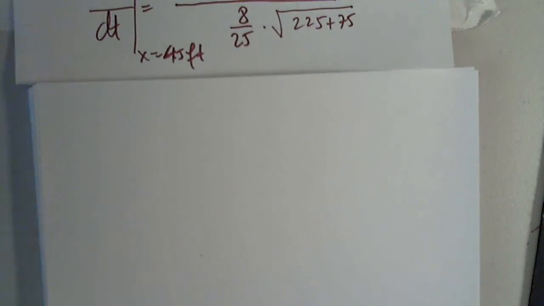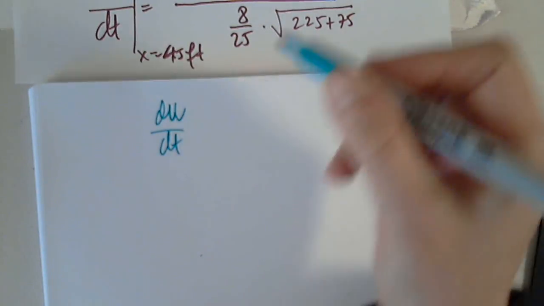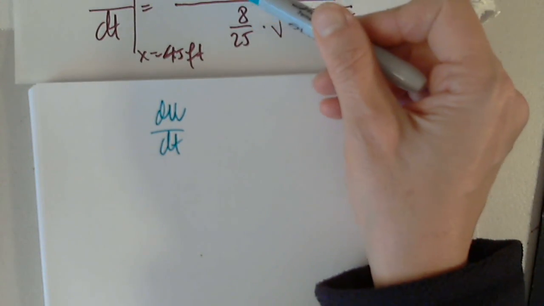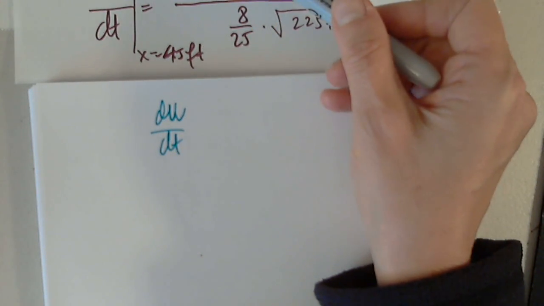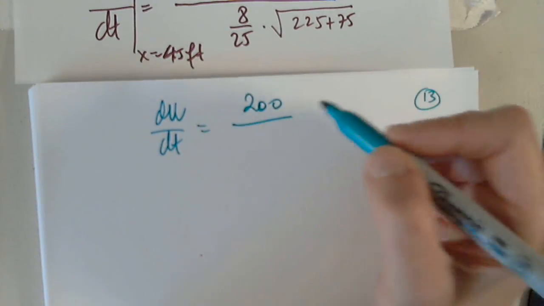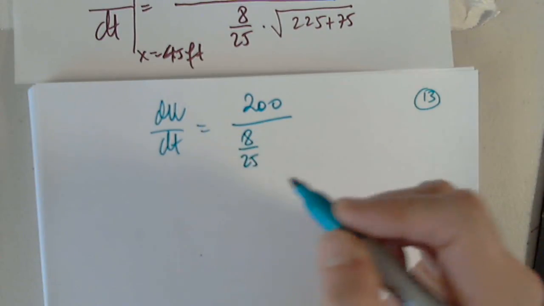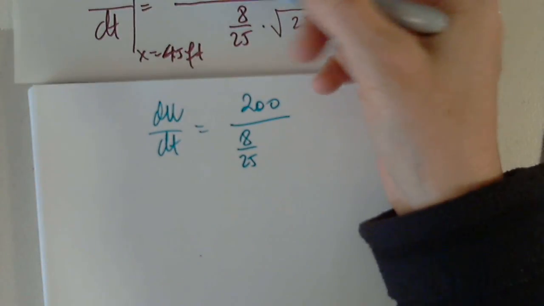Okay, let me see if I can. I like simplifying before I punch in everything in the calculator if I can. So dw over dt. So 5, that's 40. 40 times 5, 200. So the numerator is 200. Let's see the denominator. So 8 over 25, right? That's 40 times 5, correct?